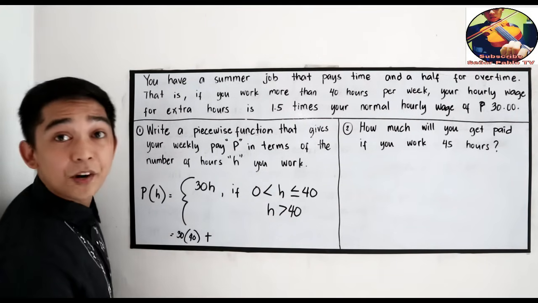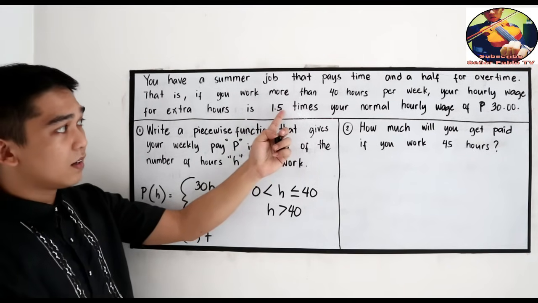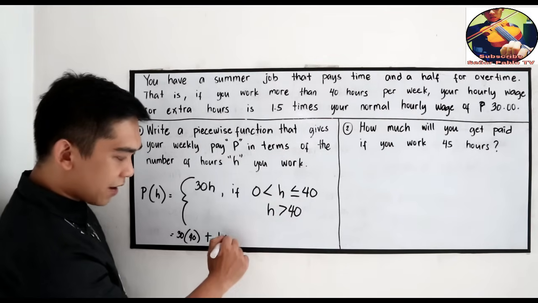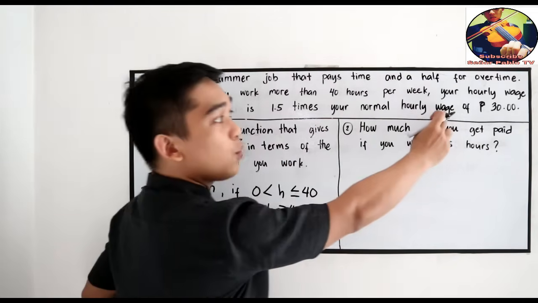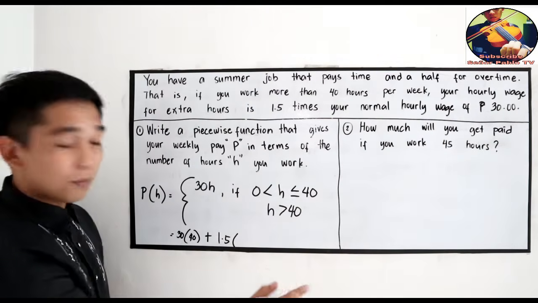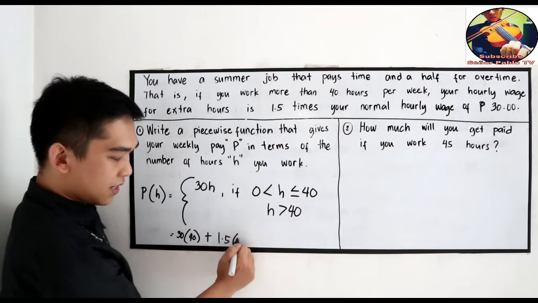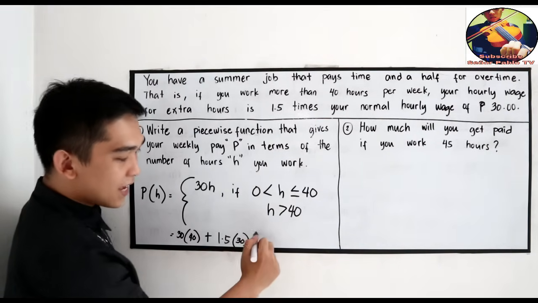I-add natin yung overtime. Pero may condition tayo sa overtime na 1.5 times yung hourly wage natin. Times, magkano ba yung hourly wage? 30.